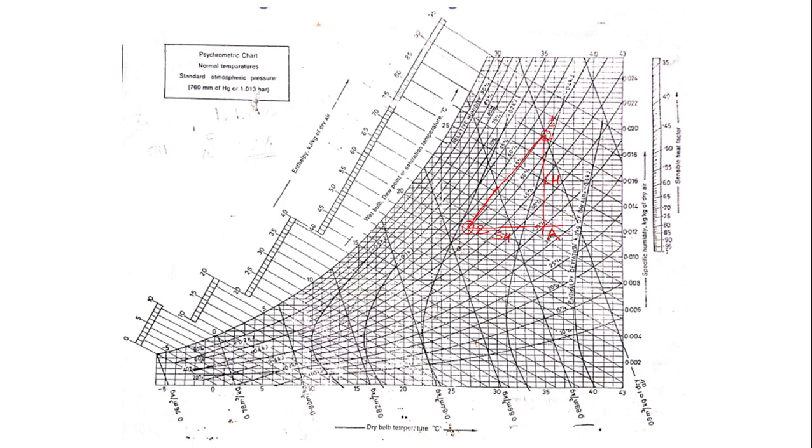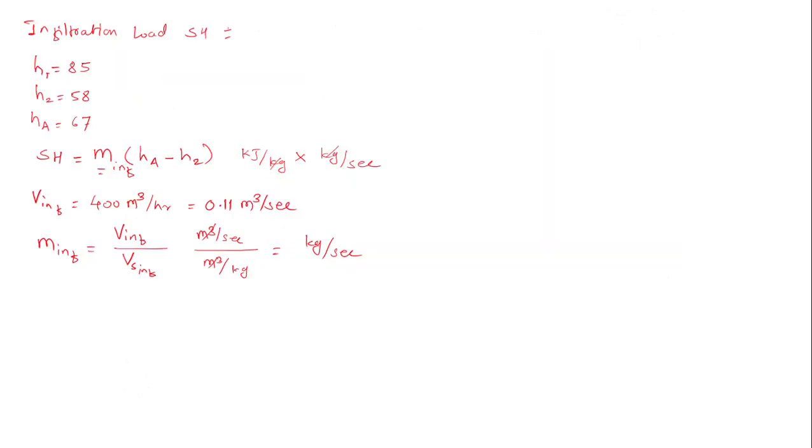So with respect to point number 1, whatever is the specific volume, consider that specific volume to get the mass. Here that exact point is matching on the 0.9 meter cube per kg of air. So in this case, specific volume for infiltrated air is about 0.9 meter cube per kg.